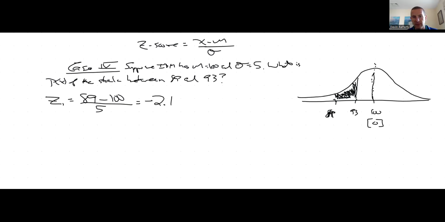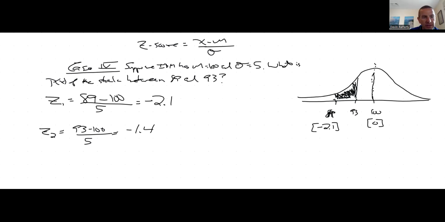Okay, so this gets a z-score of negative 2.2. And then z2 is going to be 93 minus 100 over 5, which will be negative 7 over 5, right? Negative 7 over 5 is negative 1.4. Okay.